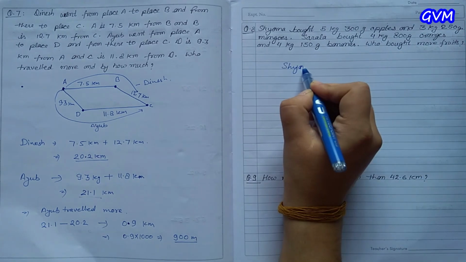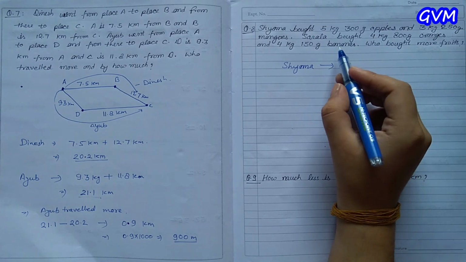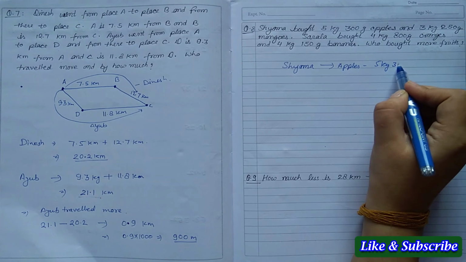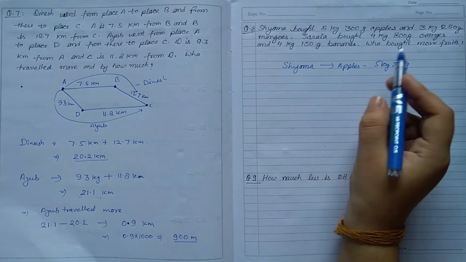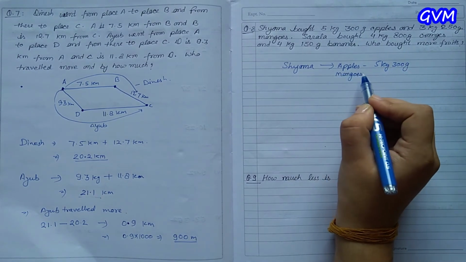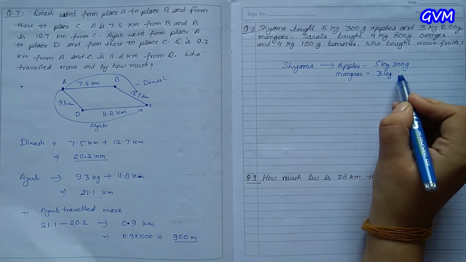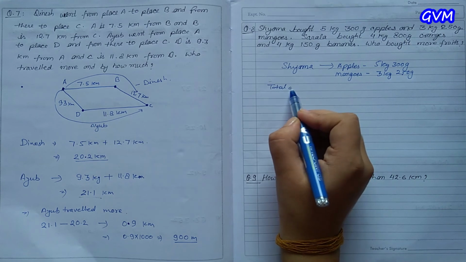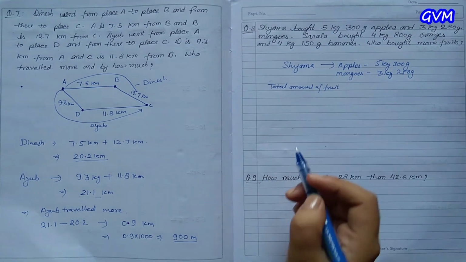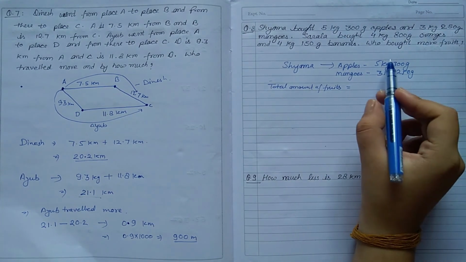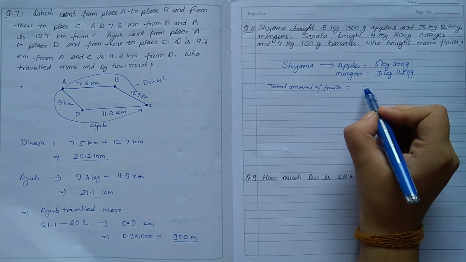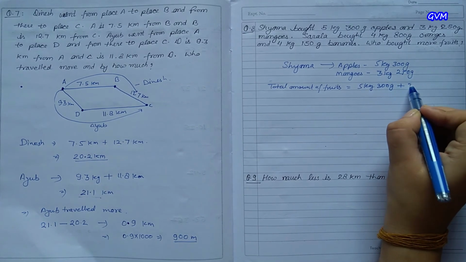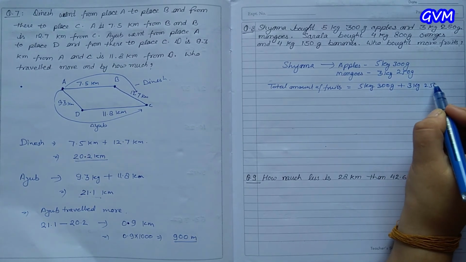How much did Shama purchase? She bought apples, 5 kg and 300 gram, and mangoes, 3 kg and 250 grams. That means the total amount of fruit is what we will add.